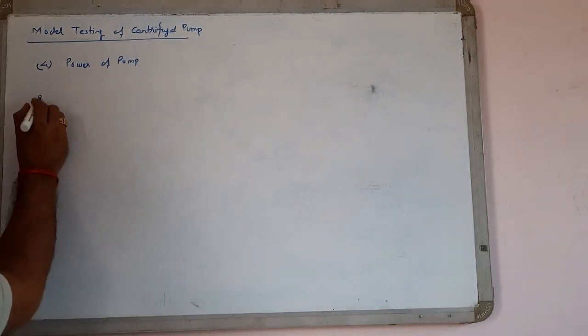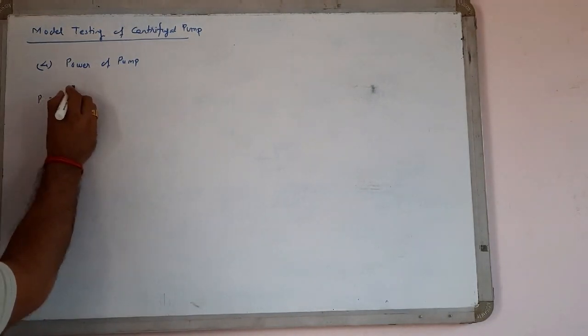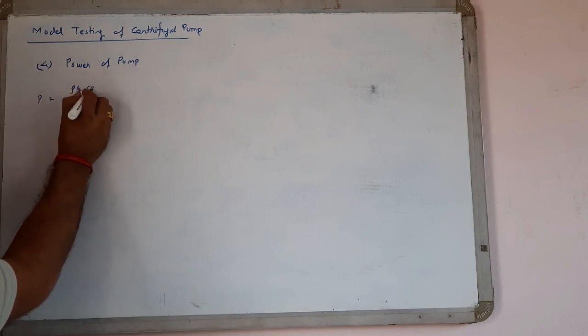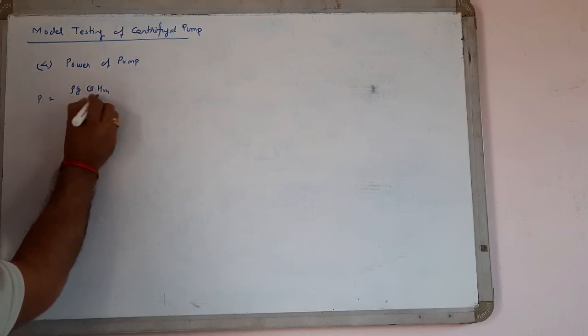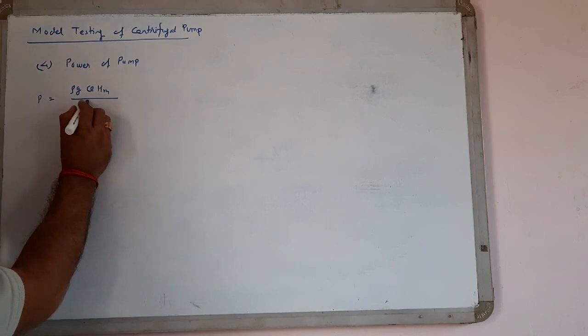Next is the power of the pump, that is P equal to rho g Q Hm by 75, in horsepower.